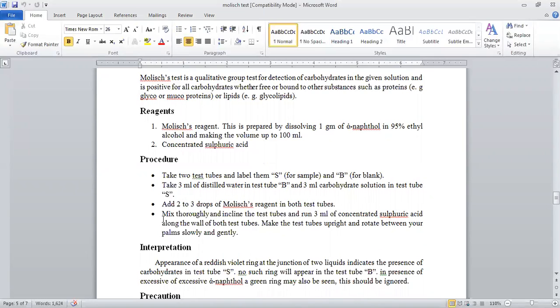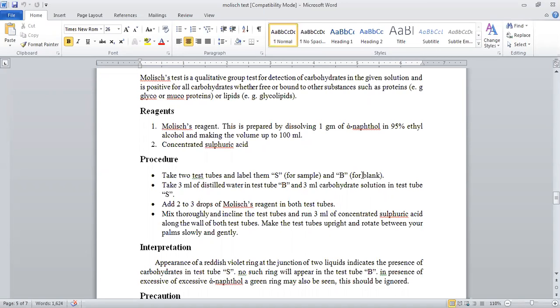So first of all, what is the procedure for the detection of carbohydrates? The procedure is: take two test tubes and label them S for sample, and the second test tube you will label as B for blank. In the blank test tube, you will not take the sample solution.